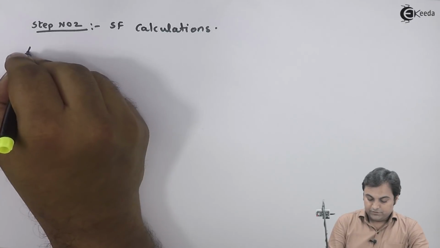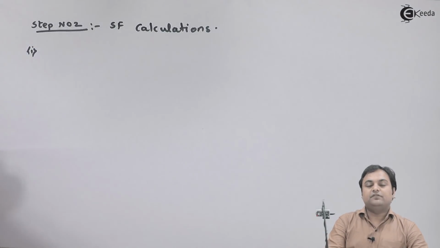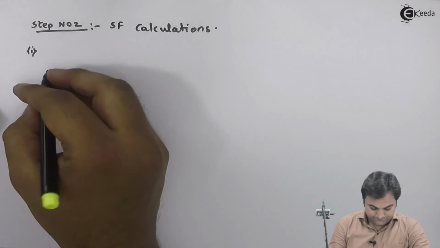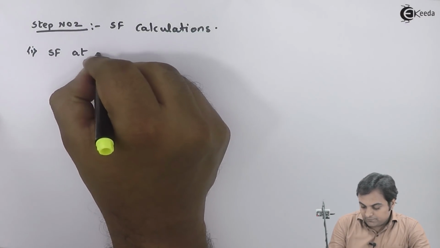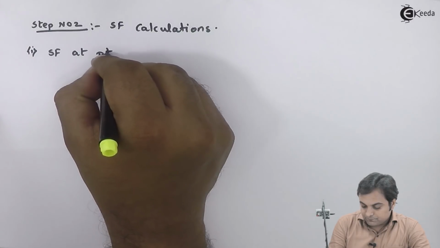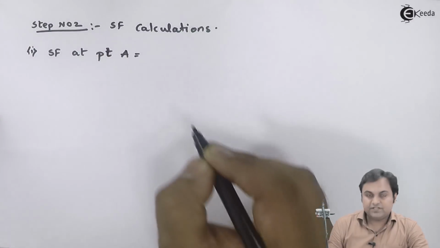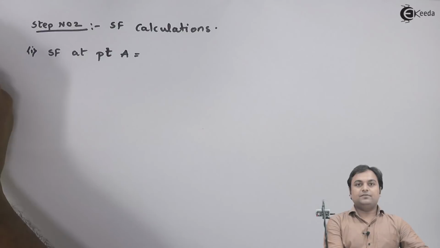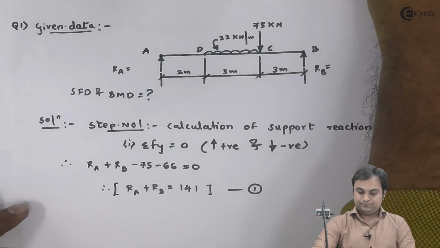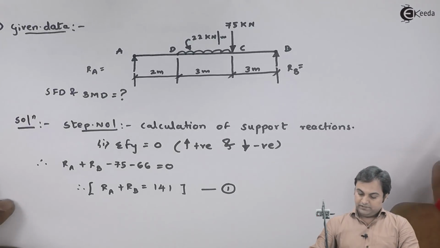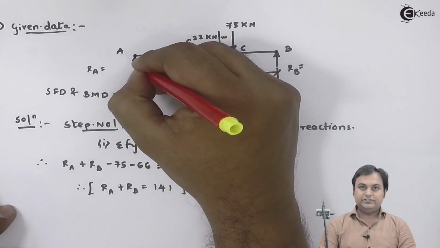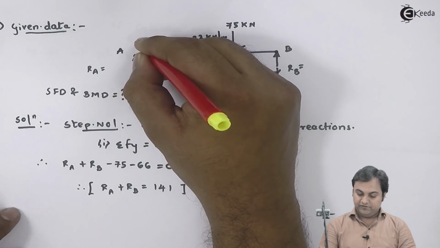So here first I will be starting with shear force at point A. So it is SF at point A, that is equal to, here my assumption is that the section is just at point A, or you can say just ahead of it, very close to A.